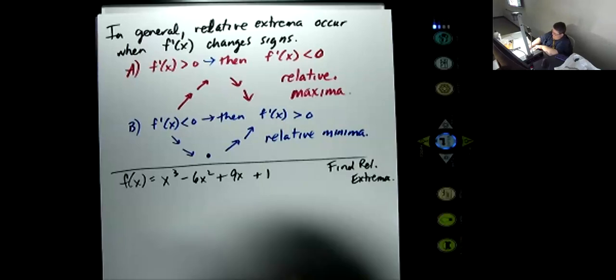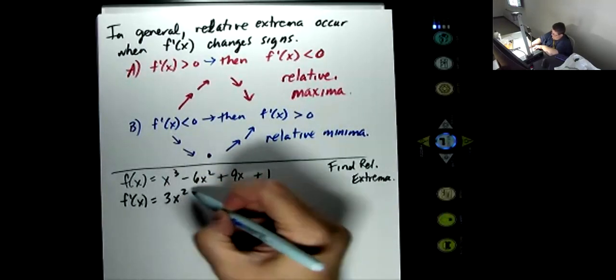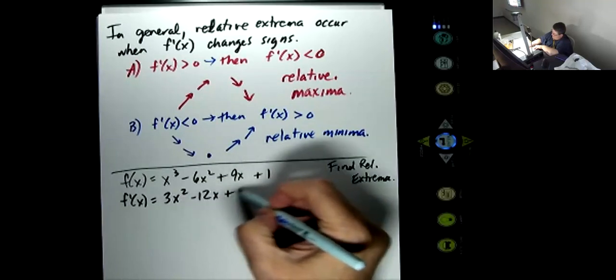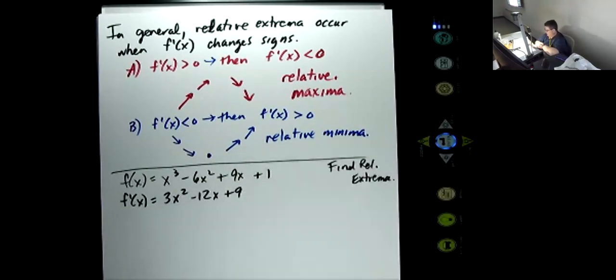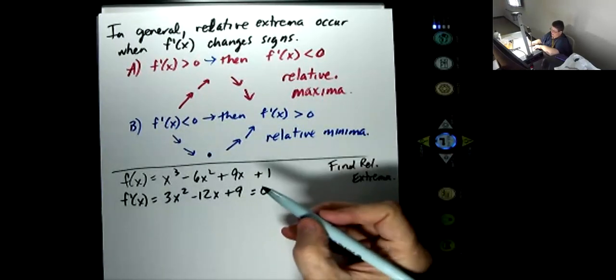If I take the derivative here, I get 3x squared minus 12x plus 9. And we want to know where that equals 0, so we can find our sign changes.